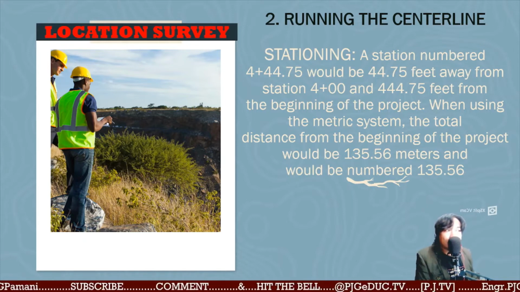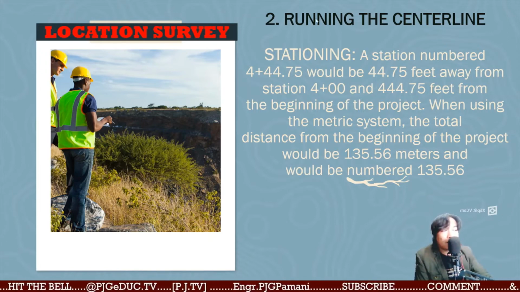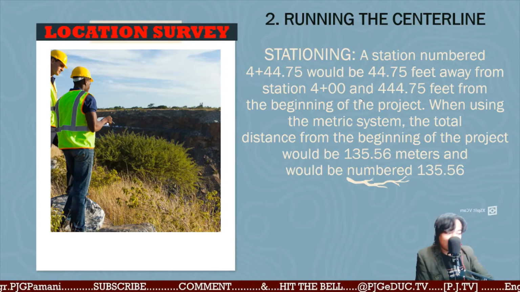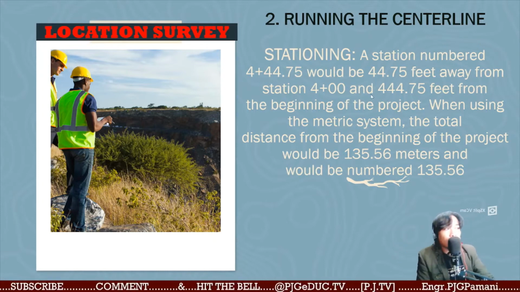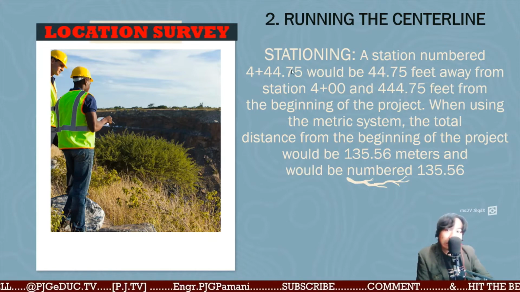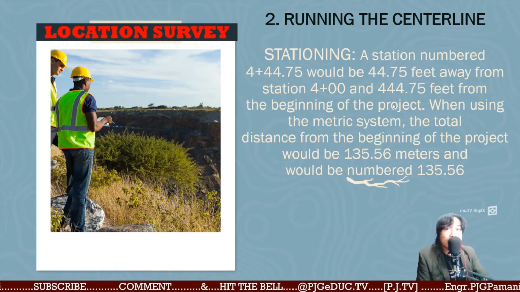So meaning fourth station, that is at 400 foot. 400 foot at the fourth station, there is a 44.75 feet distance on your particular location, or the total distance of your current location from the starting station is 444.75. Sabi ko nga kanina, starting station denoted as 0 plus 00.